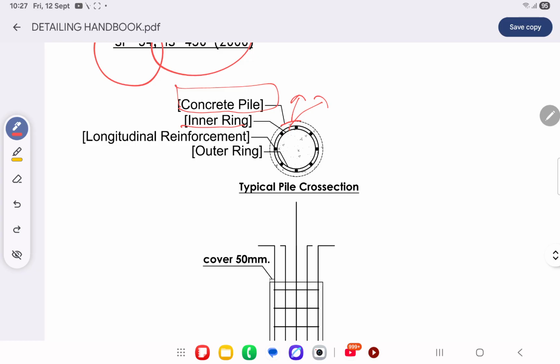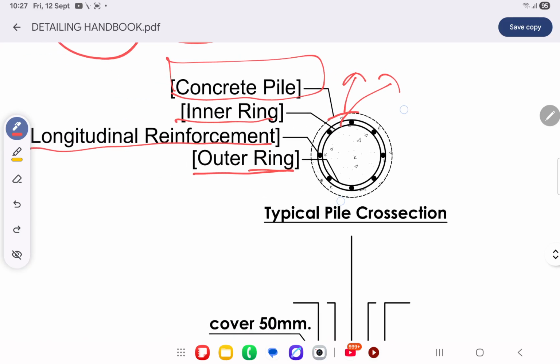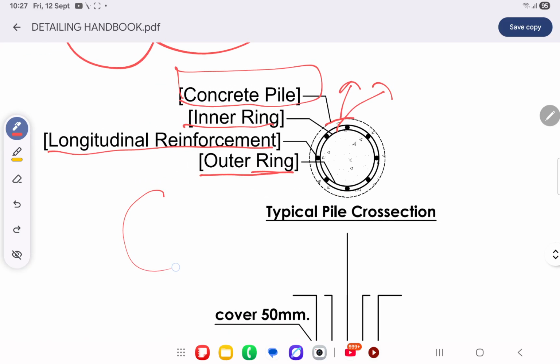This is the longitudinal reinforcement, and this is the outer ring. You can see that this is the inner ring, and we generally provide the inner ring like this, and then the longitudinal reinforcement.